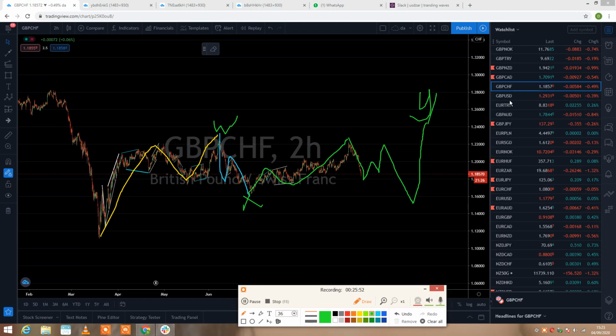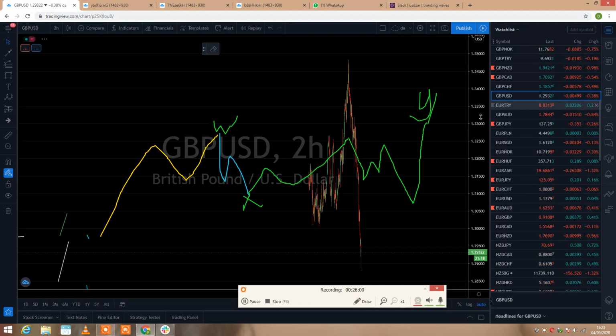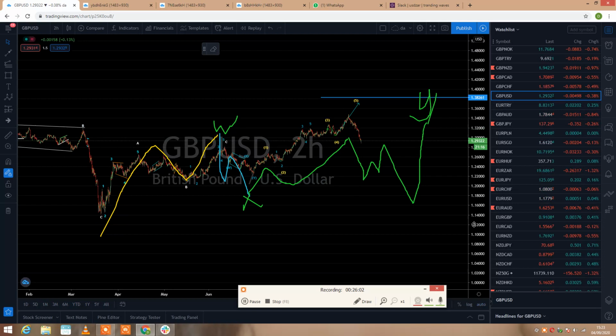So the next, lastly, is going to be the pound US dollar. On the pound US dollar, I was expecting it to come at least to this one, wave 5, but it seems this one started to do another alternative.